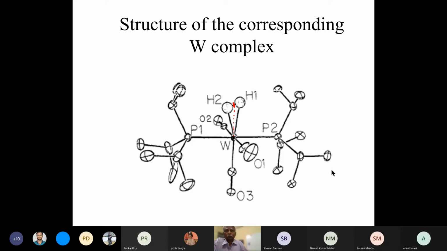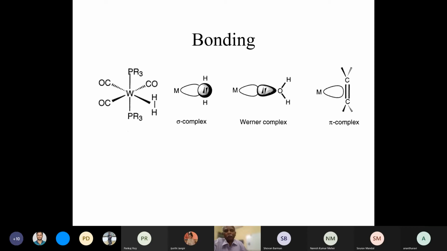The important thing is that the hydrogens are close enough for interaction. How did they know that? They knew it by a variety of spectroscopic techniques. Before I tell you that, in 1983, same time, independent of the paper that was published by Kubas, a theoretical paper was published.